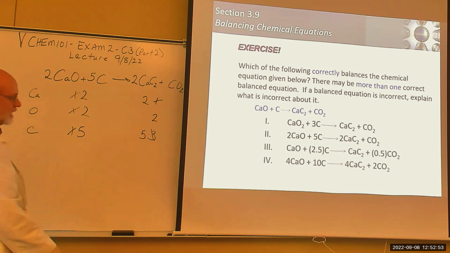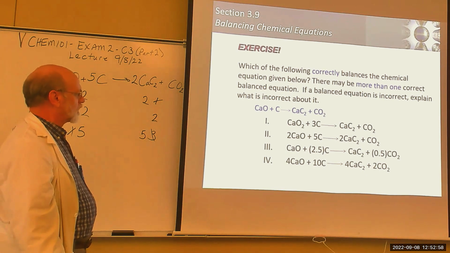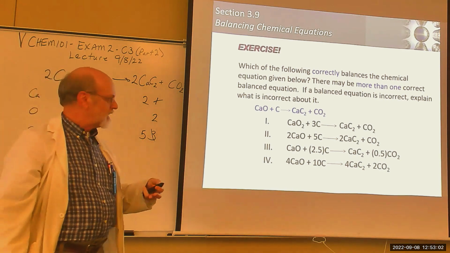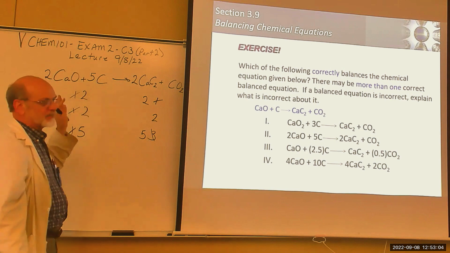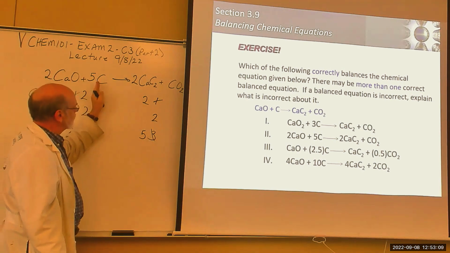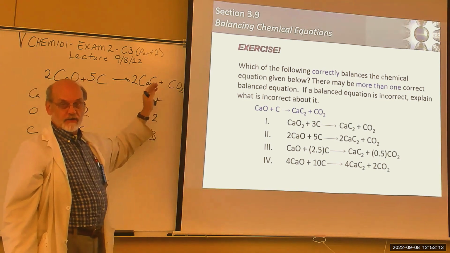Okay. And to answer this question, more than one correct? Well, what we try to do is have coefficients that are simplest whole number ratios. And these are ratios. You have 2 of these for every 5 of those, and you produce 2 of these and 1 of those. Okay, those are ratios.